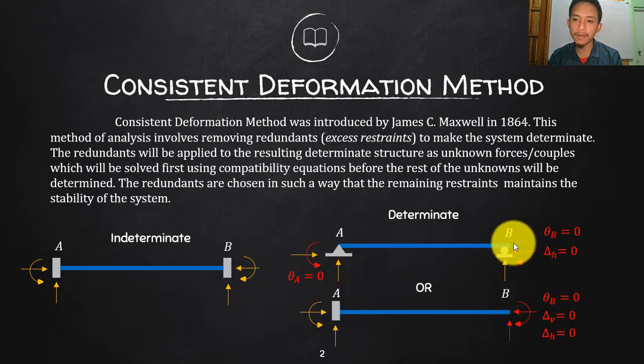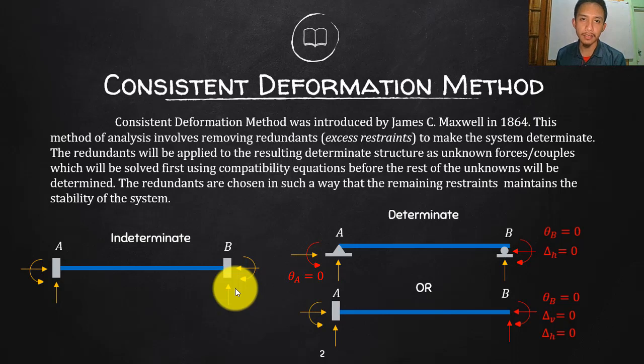If there is an external loading, then the external loading and these forces will serve as the load for you to compute your 3 remaining reactions. Then once we have all of this, we will put back these redundants and the solved reactions to the original structure. Whatever the values of these 6 reactions, that will be the reactions of our indeterminate, or original, structure.